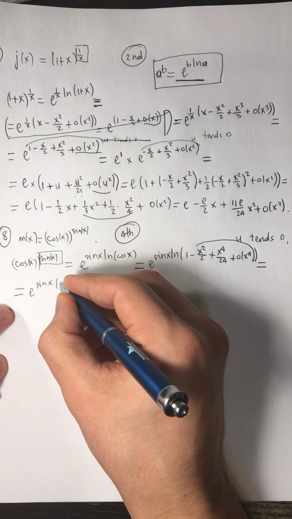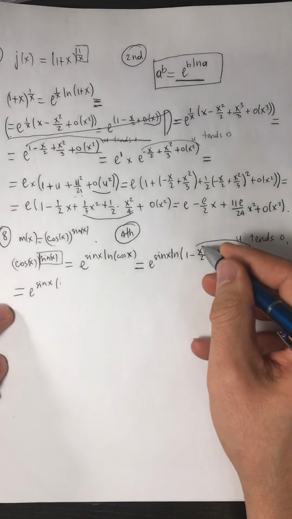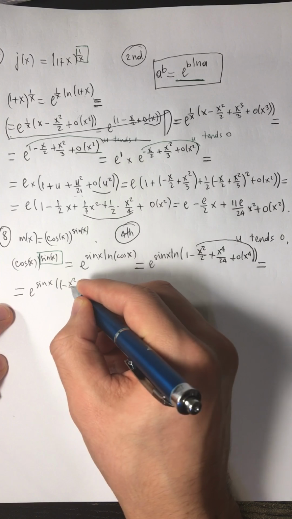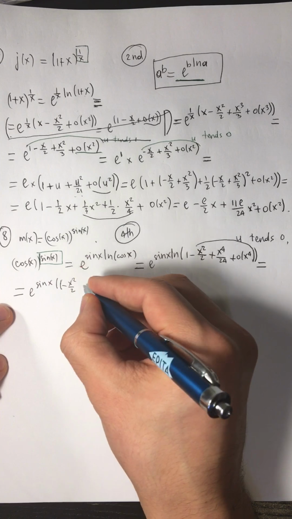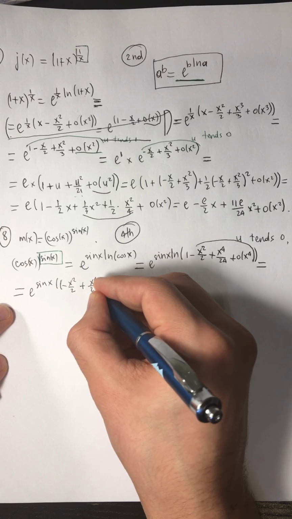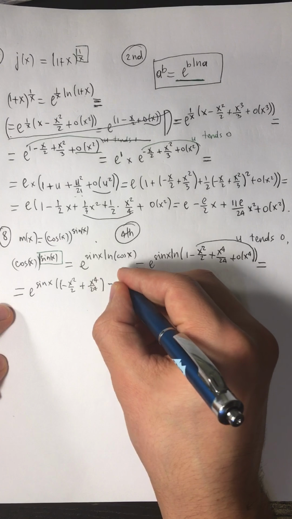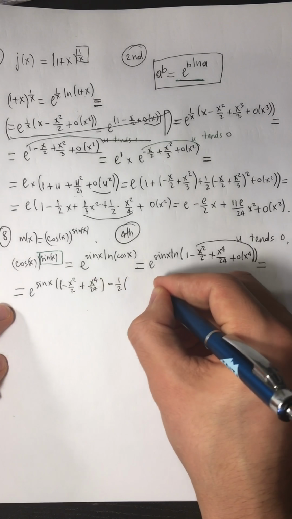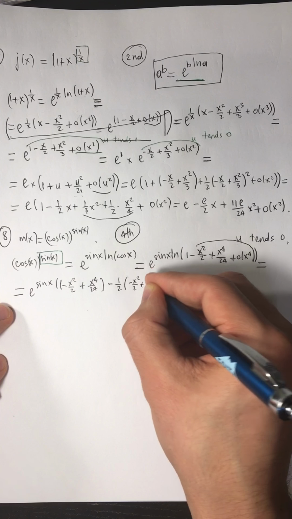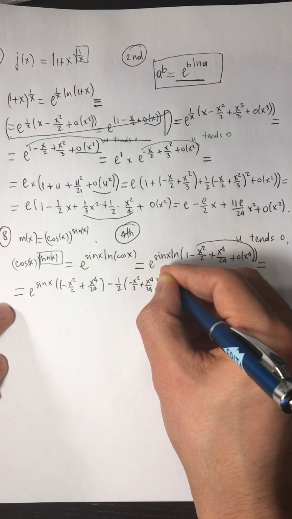So according to formula number 5, you have u minus, what is u? Minus x squared divided by 2 plus x to the 4 divided by 24. This is u. Minus 1 over 2 u square. What is u? Minus x squared divided by 2 plus x to the 4 divided by 24, squared, right?